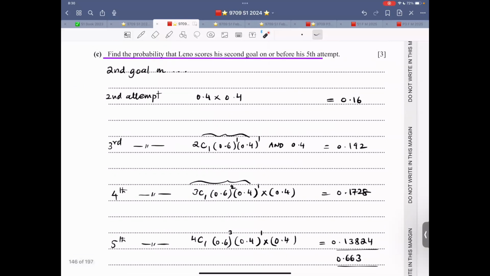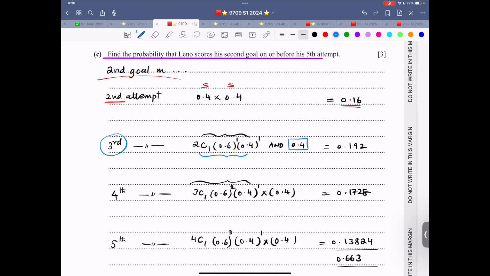Now it says Leno scores his 2nd goal on or before his 5th attempt. What if the 2nd goal is on the 2nd attempt? That means the first is success, 2nd is success. That is simple, straightforward. What about he scores a goal on the 3rd attempt? So this is the 3rd attempt.